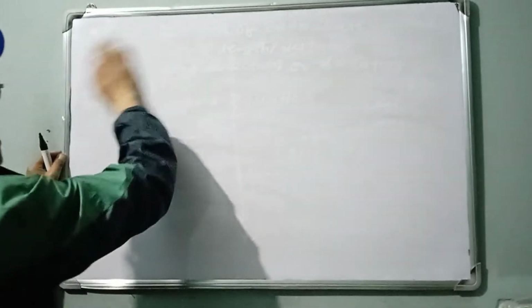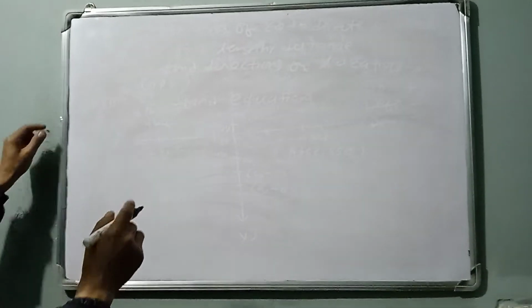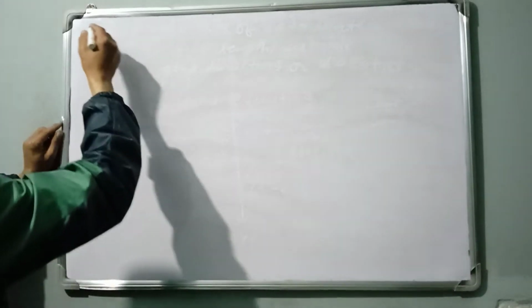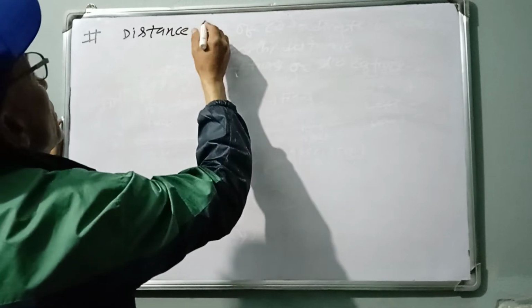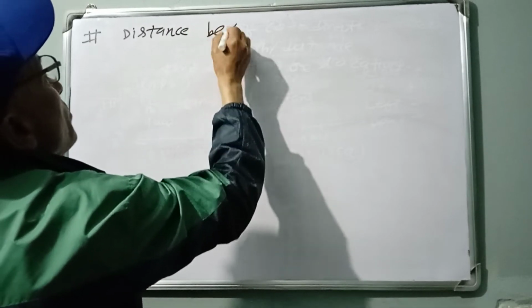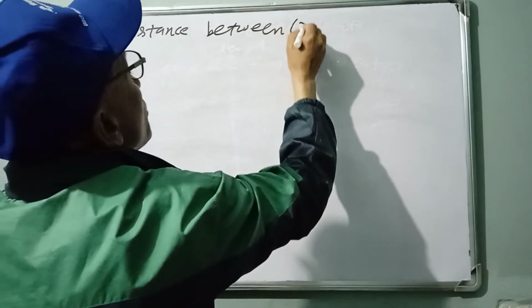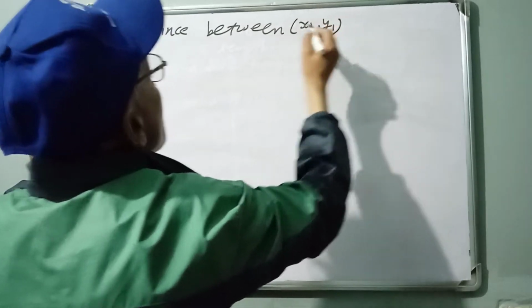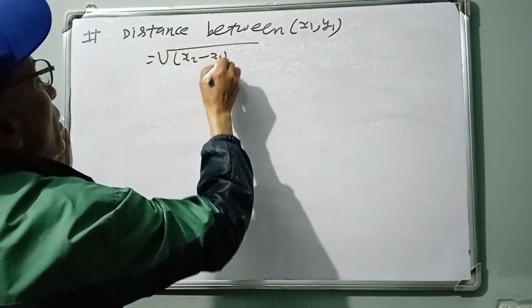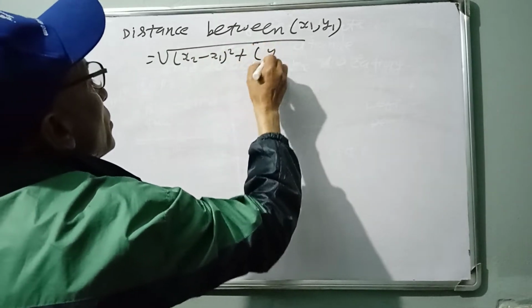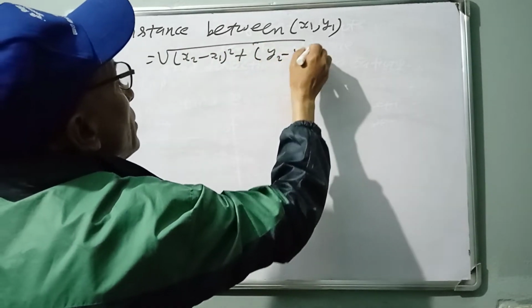If you want to start from the basic level, from class 8, you have to know, first thing, the distance formula. Distance between any 2 points (x1, y1) and (x2, y2) is equal to the square root of (x2 minus x1) whole square plus (y2 minus y1) whole square.